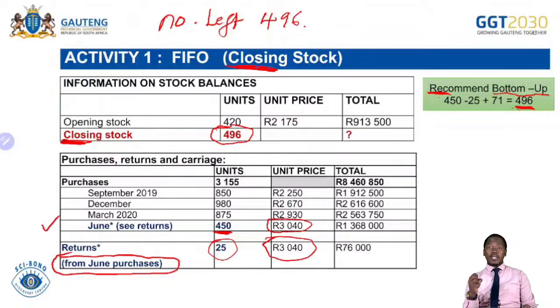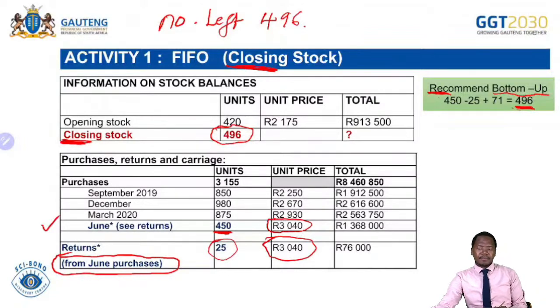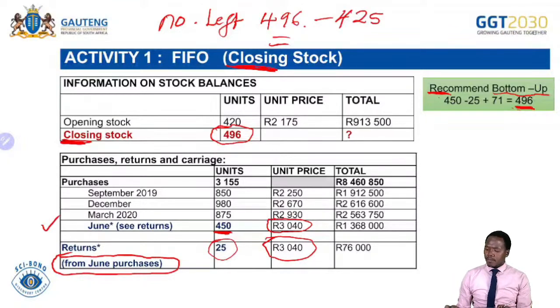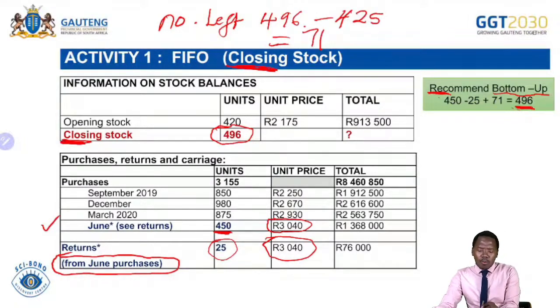I'm going to remove the 25 because it's no longer part of my business. So 450 minus 25, I remain with 425. Meaning out of the 496, 425 is already gone. So 496 minus 425, we remain with 71.